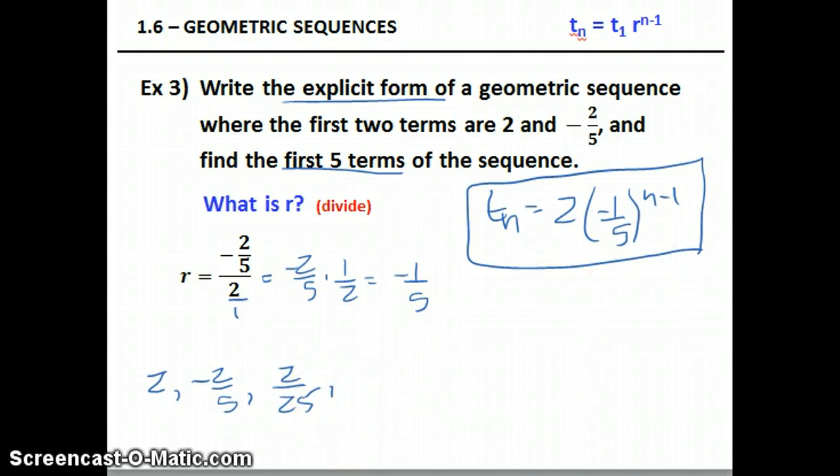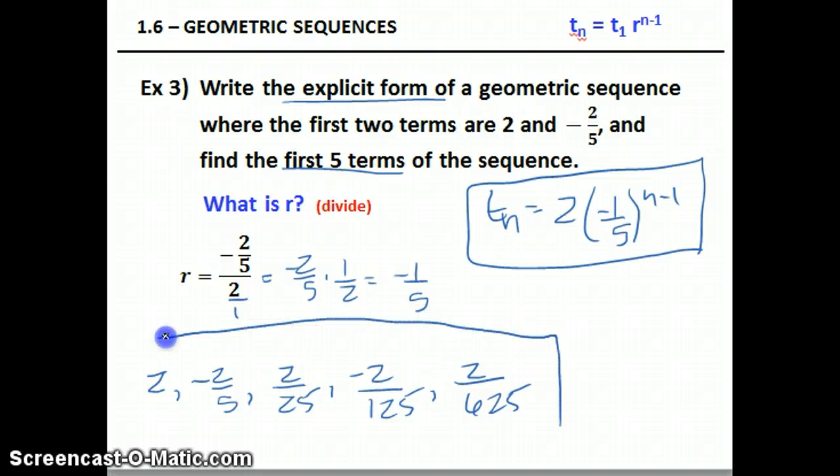My next term is going to be 2 over 25 times -1/5, and that's going to give me -2 over 125. Now for my last term, I have -2 over 125 times -1/5, and I end up with 2 over 625. 1, 2, 3, 4, 5 terms. We are done.